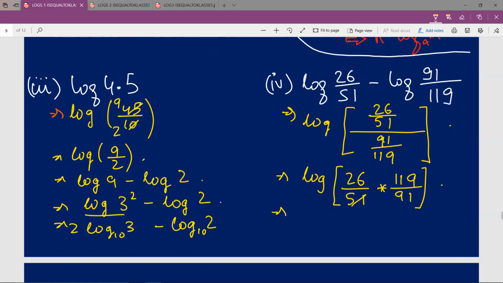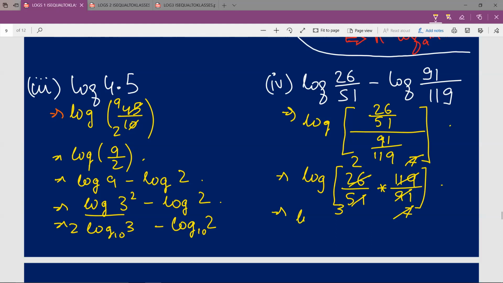So 17 threes are 51, 17 sevens are 119, 13 twos are 26, and 13 sevens are 91, and therefore the 7 and 7 get cut.